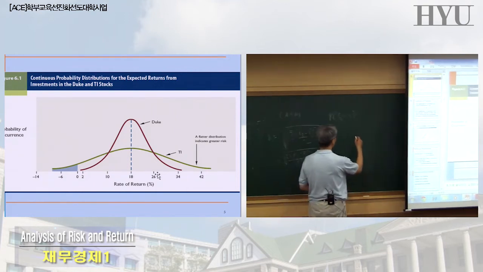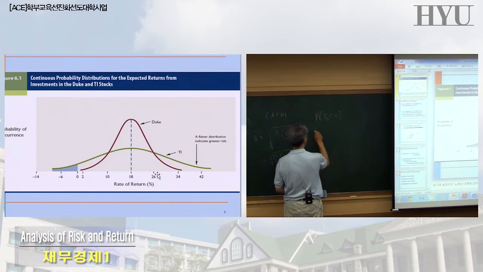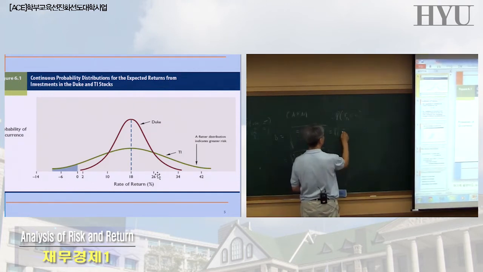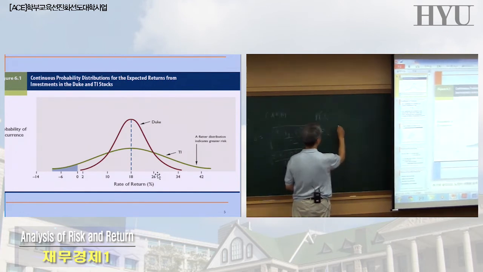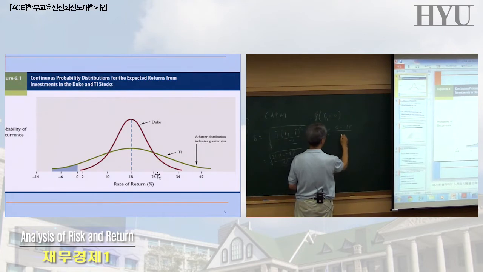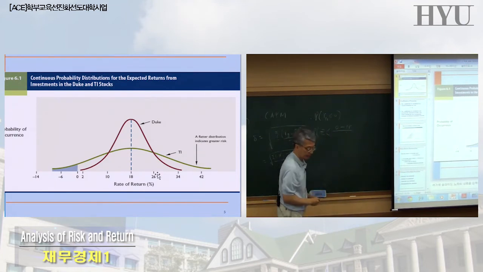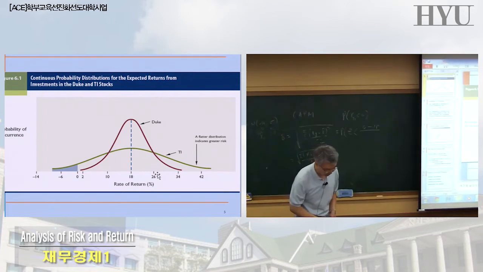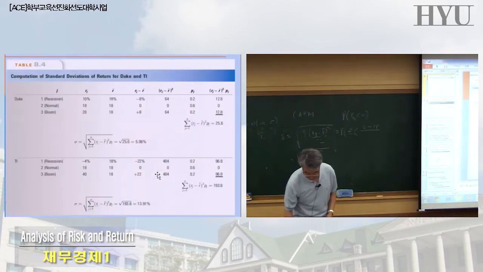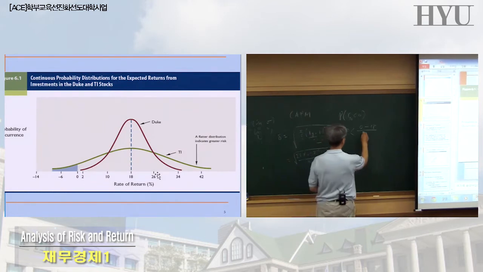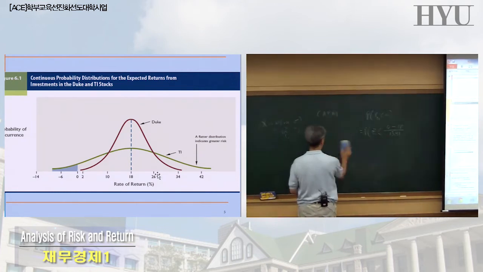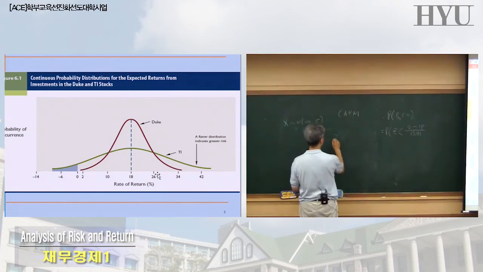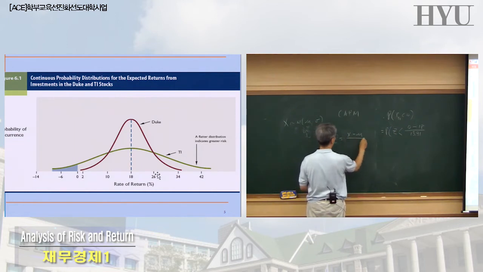So we can convert it into the probability that Z will be less than (0 minus 18) over, what was the standard deviation? 13.91, is that right? 13.91, okay. Because the Z-score is X minus mu over sigma.